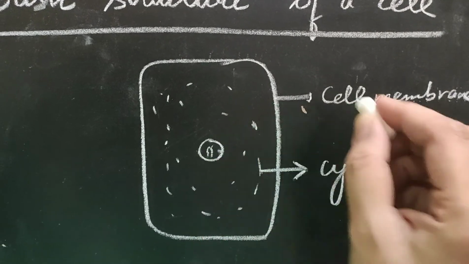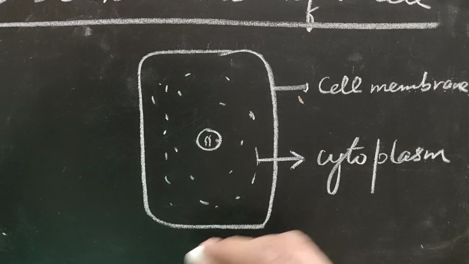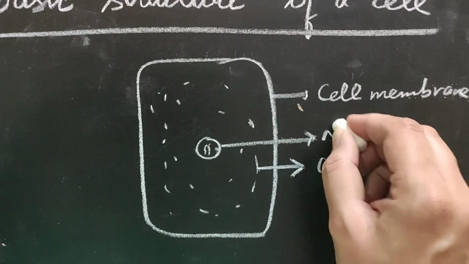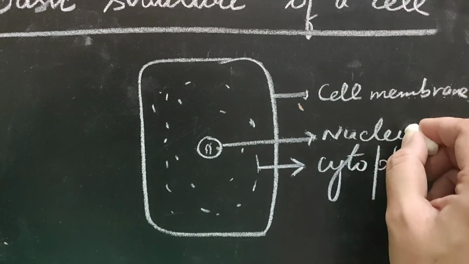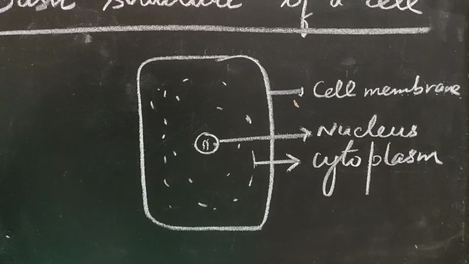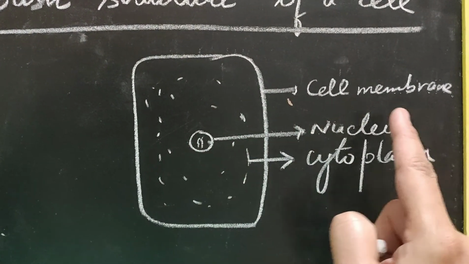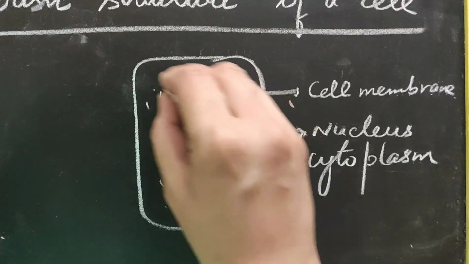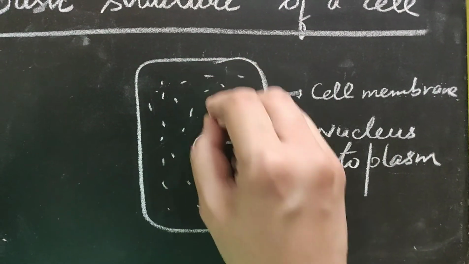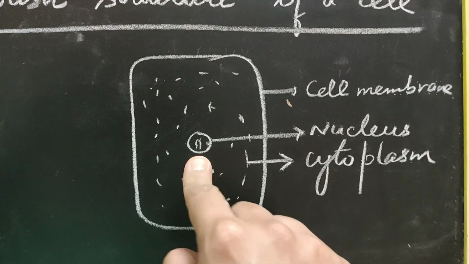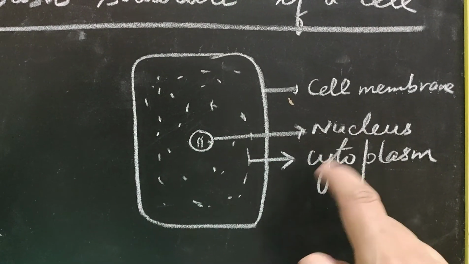We will be discussing all these parts in brief detail. For now, you need to remember that these are the three basic components of a cell. The outermost boundary, that is the cell membrane, the liquid inside the cell which contains the cell organelles, cytoplasm, and the control center of the cell, the nucleus.